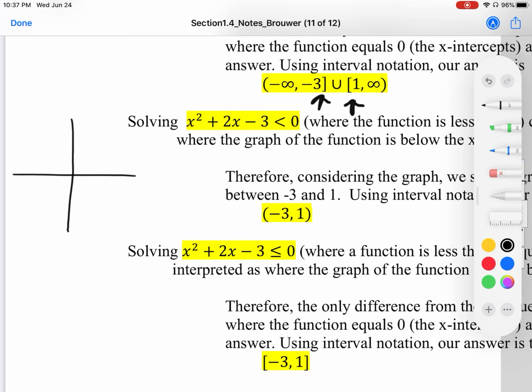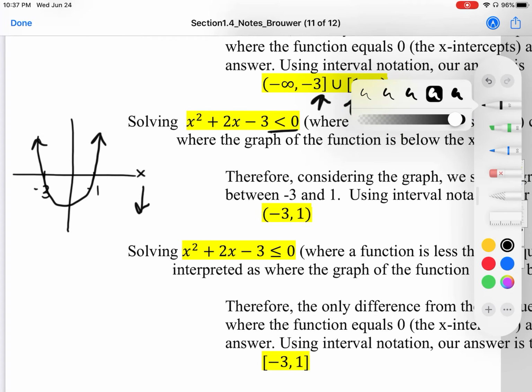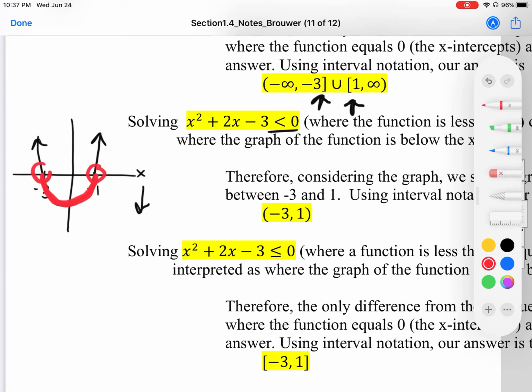Our intercepts were -3 and 1. And we're looking for numbers that are less than, so below the x-axis. So we want the numbers from here to here. Those are all the numbers that we're going to work with. And there is no equal to in our inequality, so we're going to use open circles as we think about this.